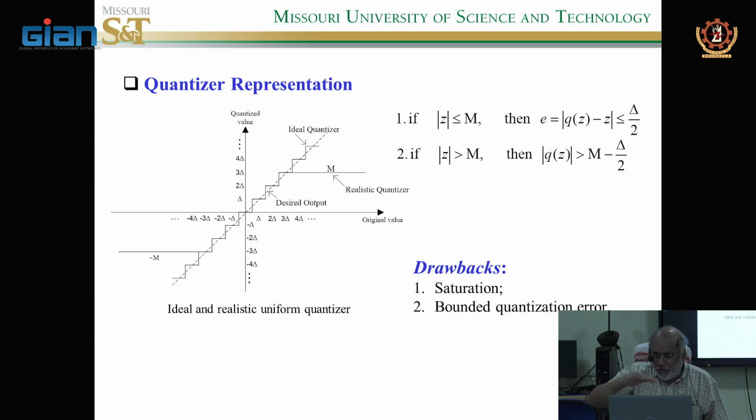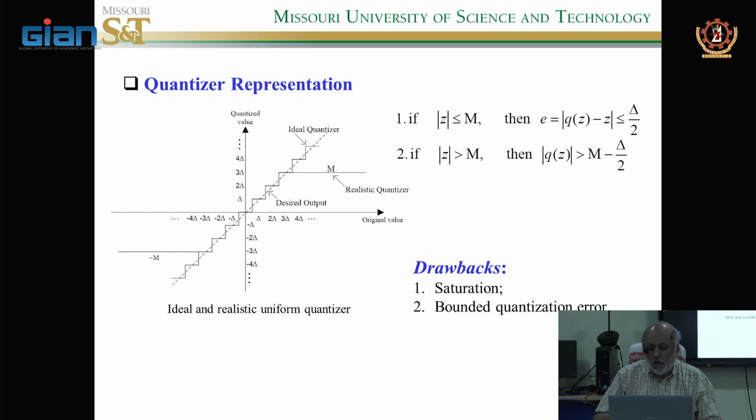But there's always going to be a saturation based on the number of bits. If you only have 4 bits, you can only express so much value. Anything above that, you only get the value of m, nothing more. You see what I'm saying? So this is where saturation plays a bigger role.